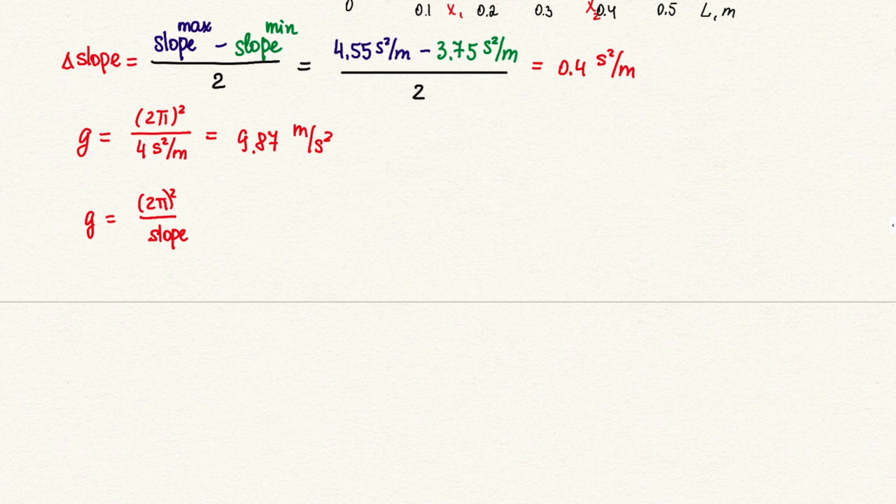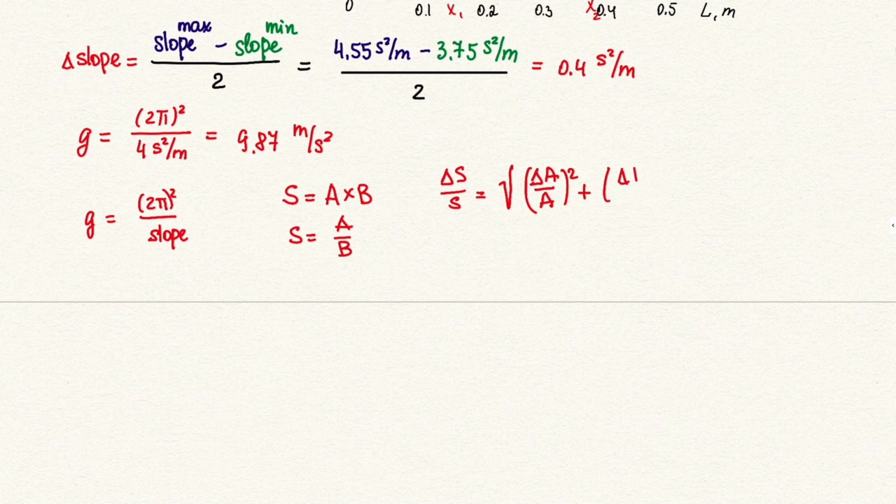And here we can use a product rule. So what is a product rule? When S equals A times B, or S equals A divided by B, which is our case, then relative uncertainty in S equals the square root of relative uncertainty in A squared plus relative uncertainty in B squared.